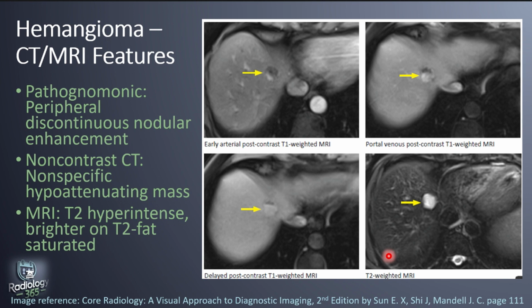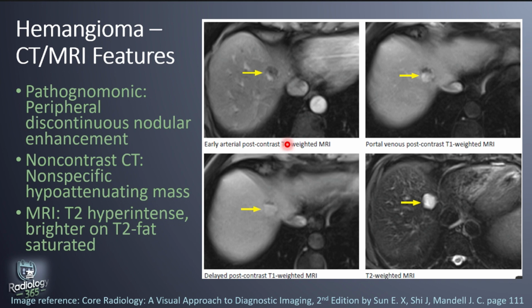On MRI, hemangiomas are typically T2 hyperintense and become even more hyperintense on T2 fat-saturated images compared to conventional T2 weighted images. So these images are depicting a hemangioma, and it's a study of dynamic contrast enhanced T1 MRI.